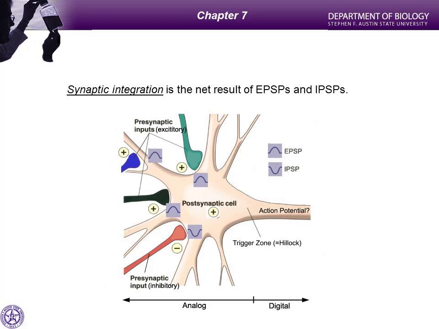This illustration refers to it as the trigger zone. So you can have all of these excitatory potentials adding up. You've got one inhibitory. By the time all of these graded potentials get to this zone where you have the voltage-gated channels, it passes that threshold of negative 55. Boom. Action potential. The signal goes.